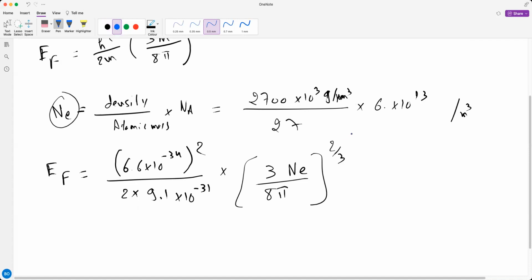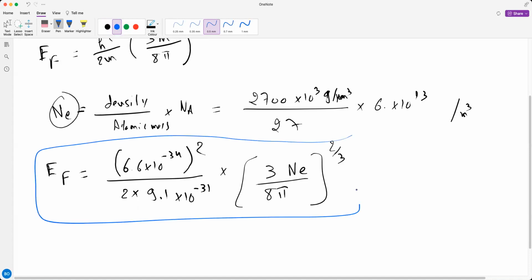Now, I would like to give this as an exercise for tomorrow. Can you please calculate this value and compare it to the experimental value of the Fermi level of aluminum that is equal to 11.7 electron volt.